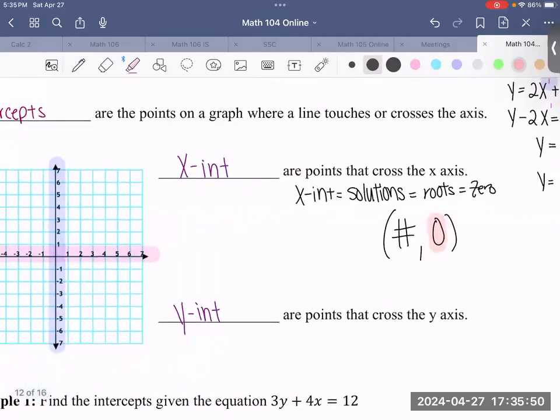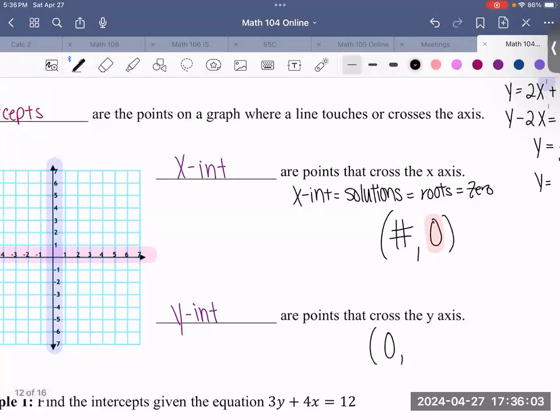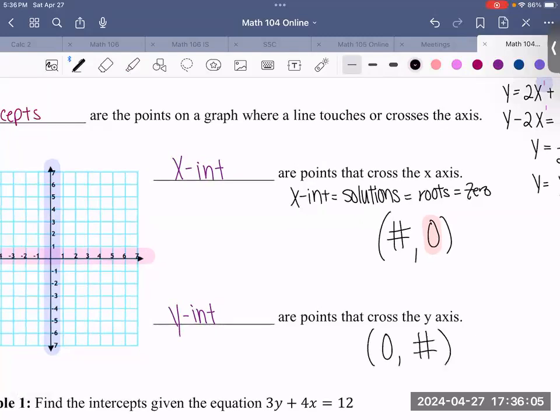Now, the opposite is true for your y-intercepts. Y-intercepts are those that cross the y-axis. In this case, it's when your x value is 0 and your y value is some number. So if I were to draw a really quick example, maybe something like that.